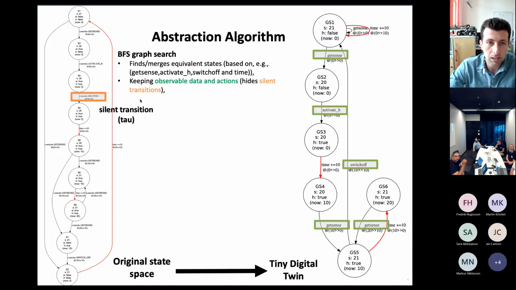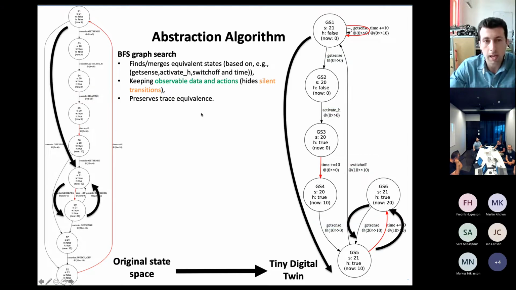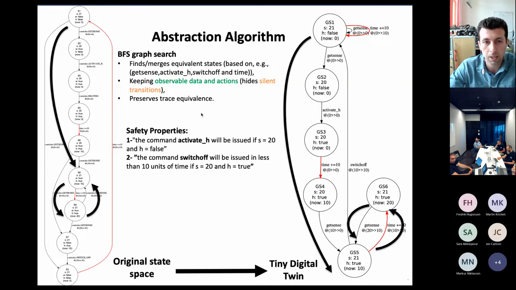During this search, we keep the observable data and hide the transitions that are not in the given list as tau transitions. This algorithm preserves the trace equivalence and also the branching time equivalence between the original state space and the reduced state space.